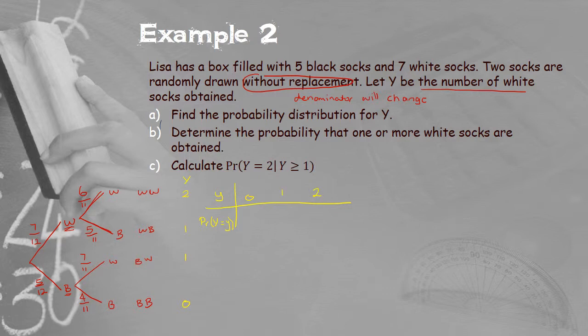Now actually filling in the table in this case is a little bit trickier. So if we're wanting 0 white socks, that means we want to get a black sock and then a black sock. Remember, when we say and, it implies multiplication, or another way to think about this is, when we're going along the branches, we are multiplying.